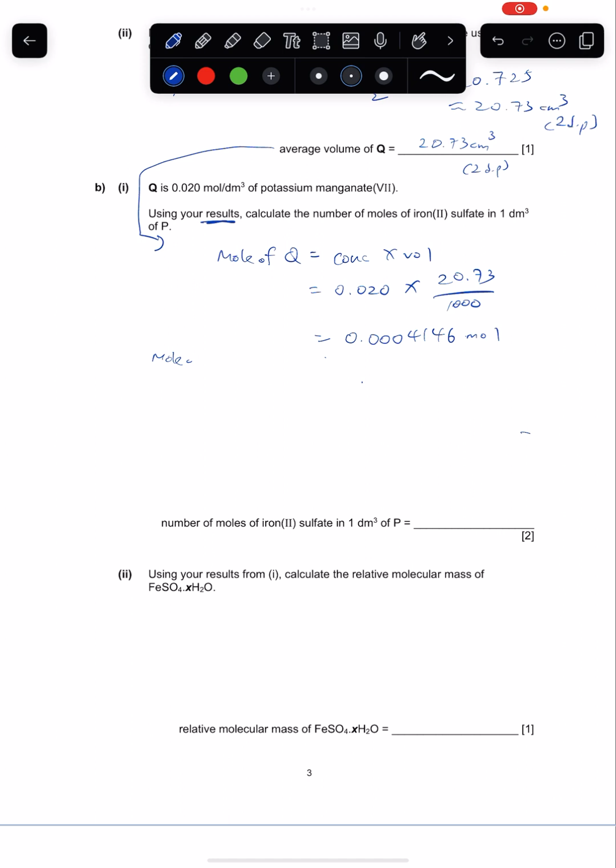So mole of potassium manganate is to mole of iron 2 sulfate, 1 is to 5. 0.0004146 times 5 equals 0.002073 mole.